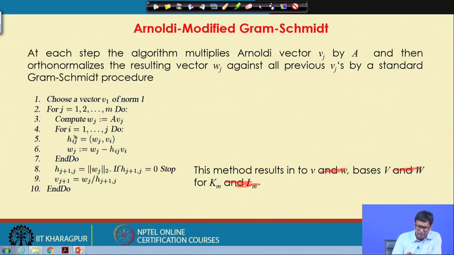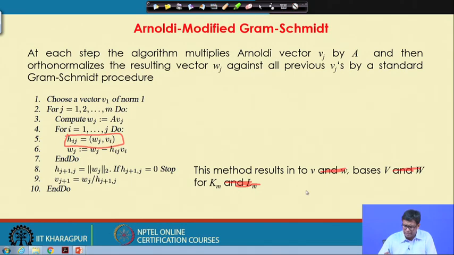In that way, you get another matrix which is Hij, which is the product between the new basis of the Krylov subspace and the older basis of the Krylov subspace before orthogonalization of the new basis.